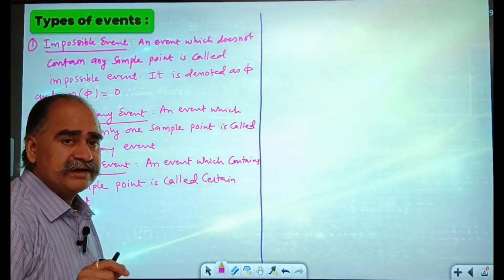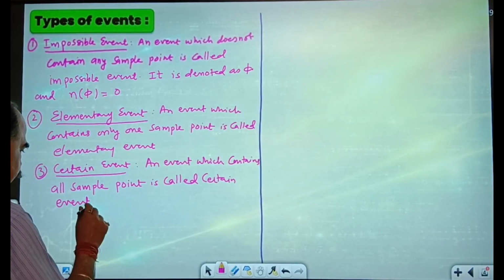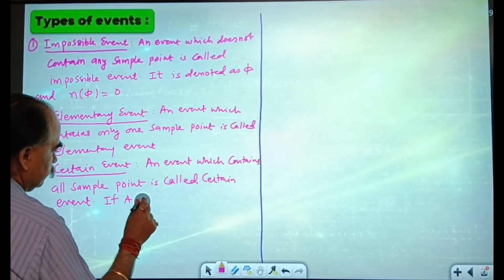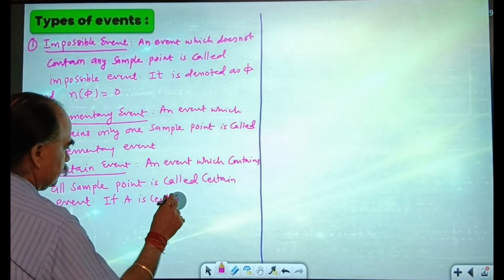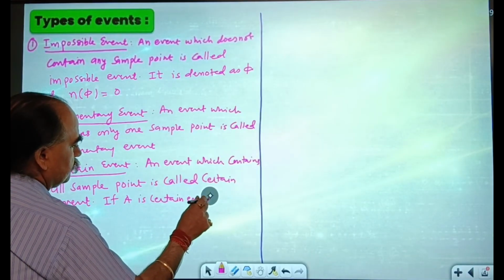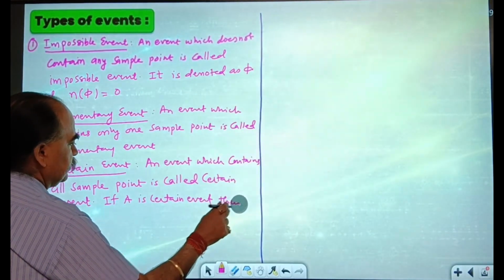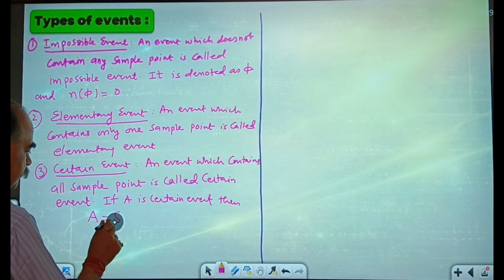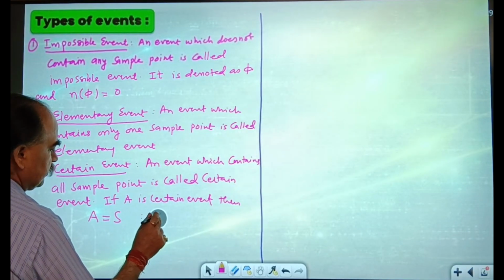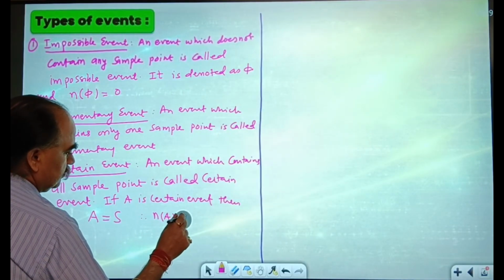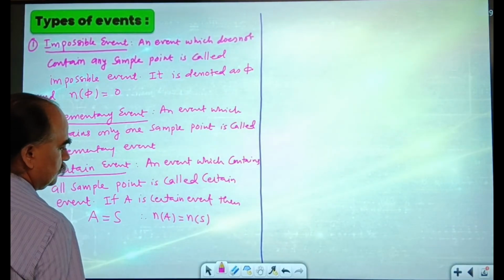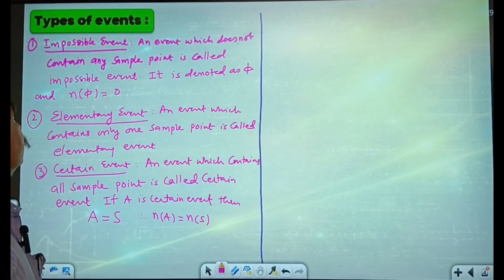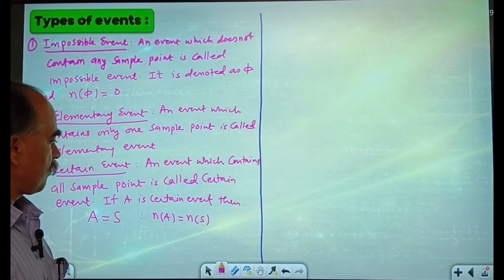If A is a certain event, then A will be equal to S, the sample space. So n(A) is equal to n(S). Its probability will be 1, whereas an impossible event has probability 0.